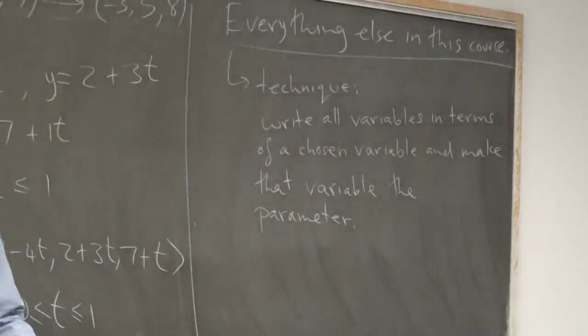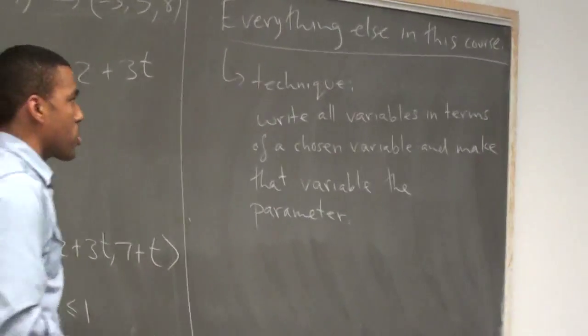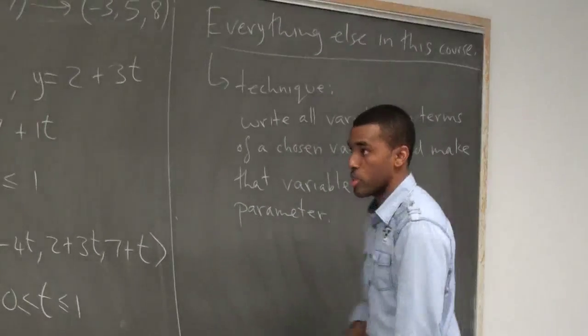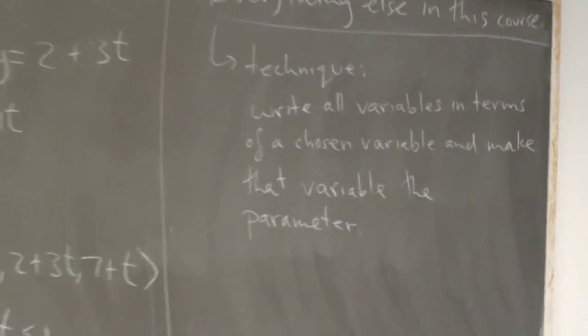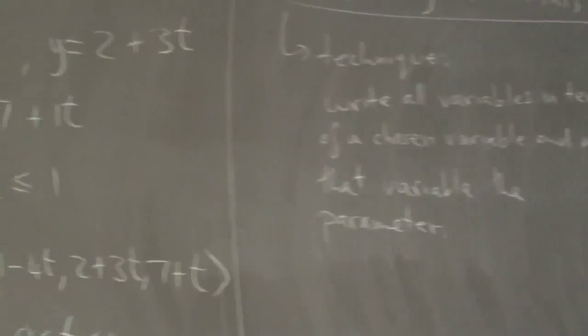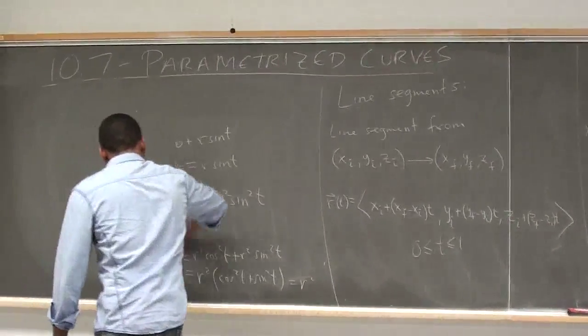So you solve for all variables in terms of one variable and make that the parameter, and that is how you parameterize pretty much anything else you will encounter here. I will give you some examples and then we'll close.